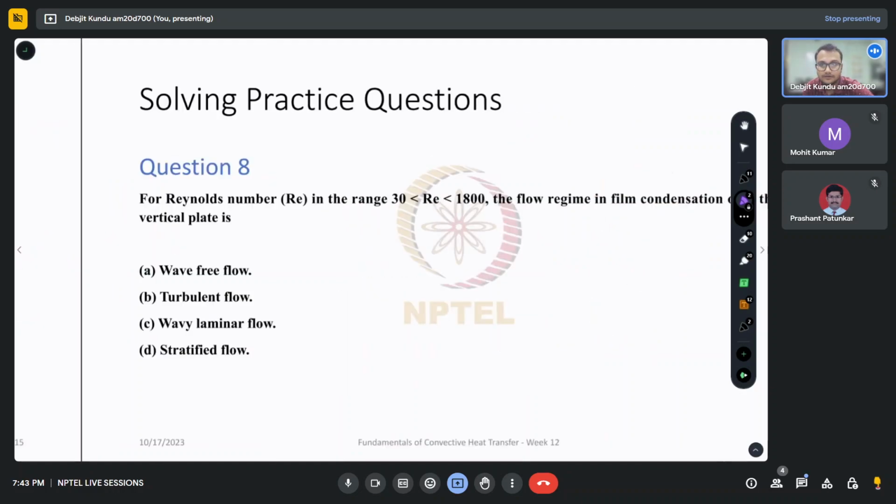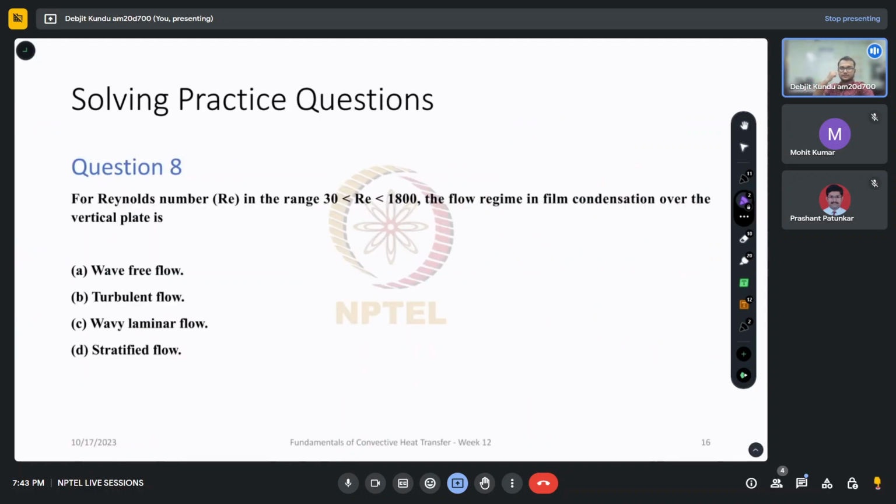So we'll move on to the last question of today's session, which asks: for a Reynolds number in the range of 30 to 1800, what is the flow regime in film condensation over a vertical plate? Is it option A, wave free flow, option B, turbulent flow, option C, wavy laminar flow, or option D, stratified flow?